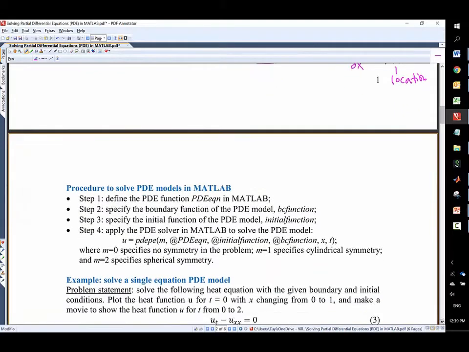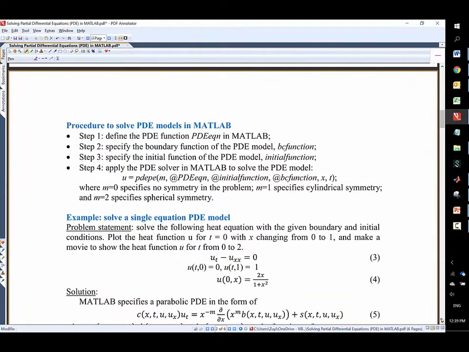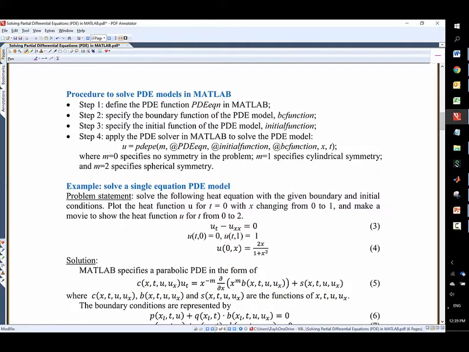Now I want to show you the general procedure to solve PDE in MATLAB, and then give you two examples. Typically you need to define the PDE function, and then you define the boundary condition function and the initial condition function. These are the names of the functions you define. You could change the names, but you need to keep them consistent. For example, you should put the PDE function here, the initial function here, and the boundary function here.